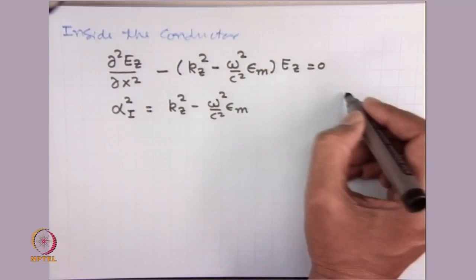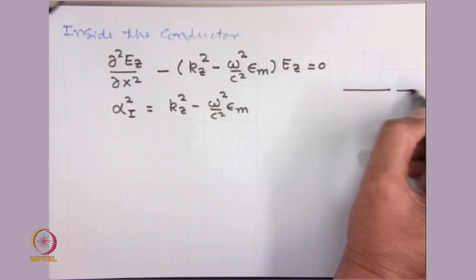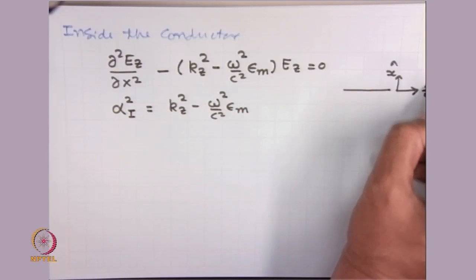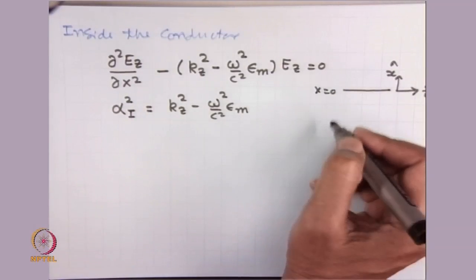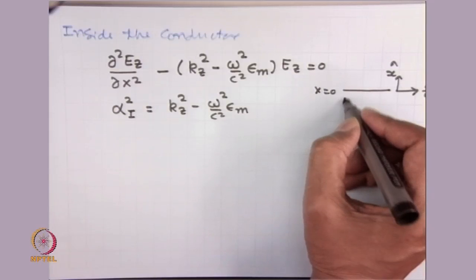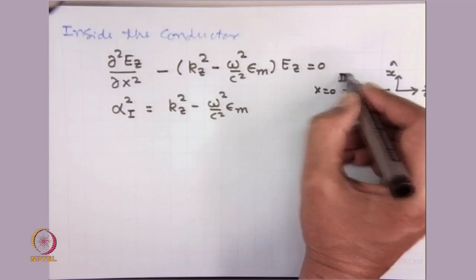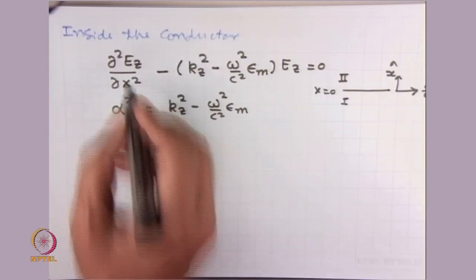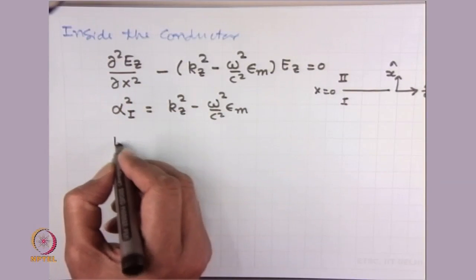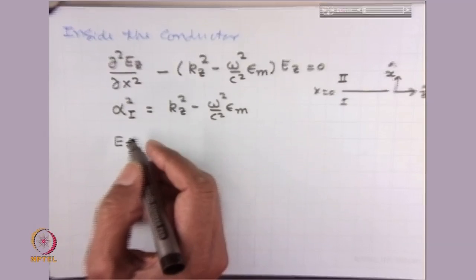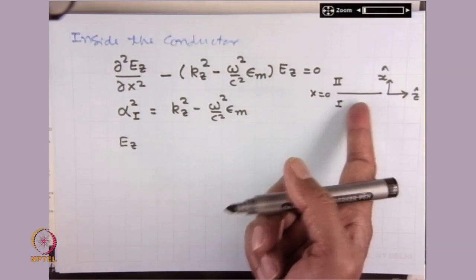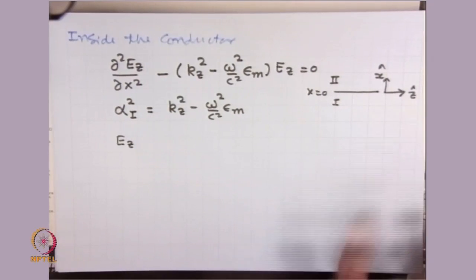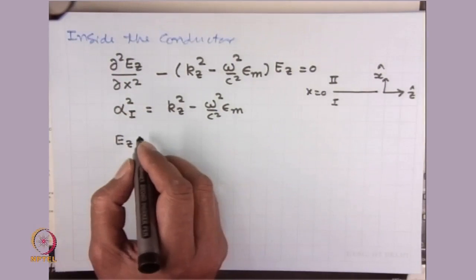Please recognize that I am talking of this geometry. This is my z axis, x axis, x equal to 0, and this is medium number 1, this is medium number 2. Free space is above, metal or conductor is underneath. The solution of this equation can be written as, which behaves well for x tending to minus infinity, the field should not go to infinity, it should be a well behaved solution.